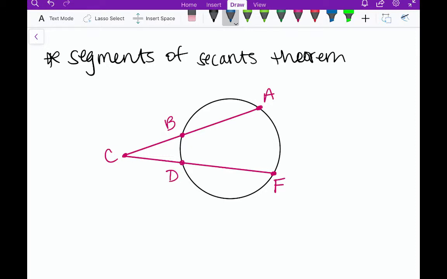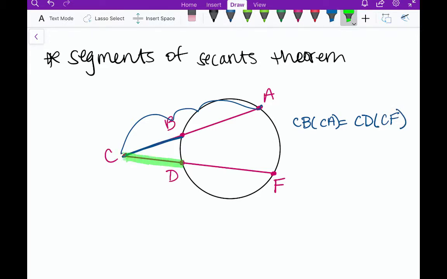So here is what is true here, and that is that CB times CA, so we've got the external part times the entire secant segment, is equal to CD times CF. So again, the external part times the entire secant segment is what is going to be equal here.